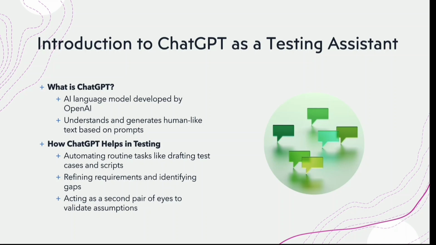You can say it is a kind of second pair of eyes that you can use on a day-to-day basis. It gives you suggestions and key points that you might forget or not recall at that time, and with the help of ChatGPT you can write proper test cases.